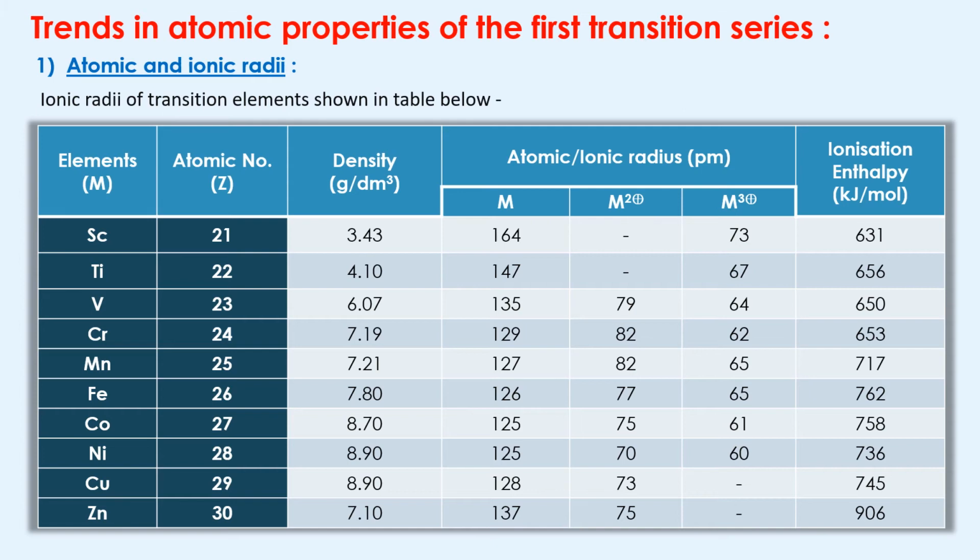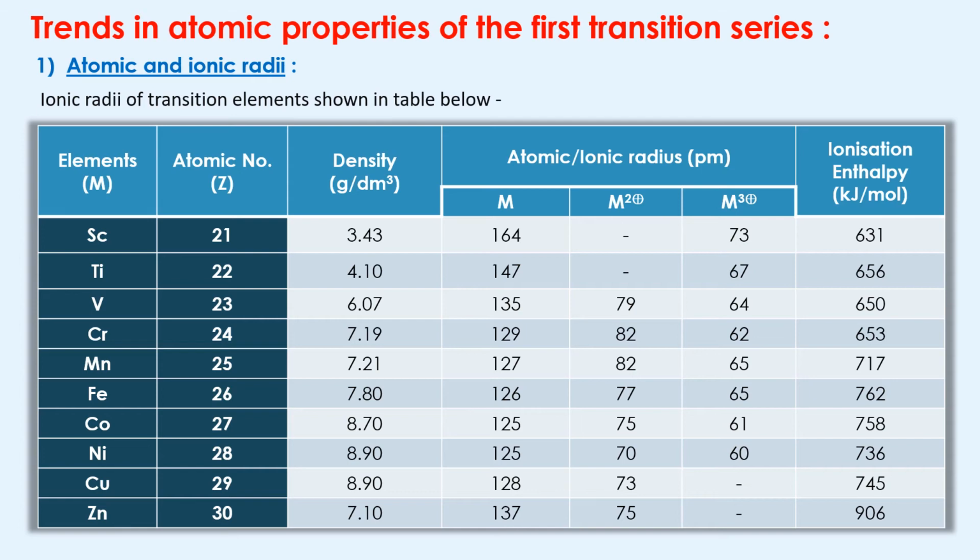What is the meaning of that? Now see, if you consider these elements in the same oxidation state, you have to take these elements in M2+ form. So what is your observation? Ionic radii gradually increase, then start decreasing.